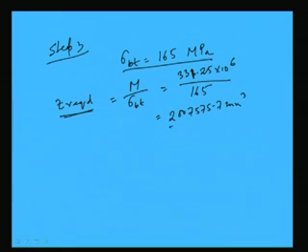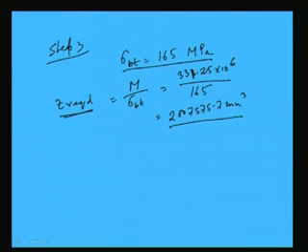Now, as you know, we have to increase to a little higher section, because finally we have to find out a composite section, meaning combined section, right. And also the sigma bc value will be less, because the beam is laterally unrestrained. So, from the compression point of view, it will not be safe if we consider the same. So, now we will increase, say, 15%. So, Z will be 1.15 into Z required, means 15% we are going to increase.